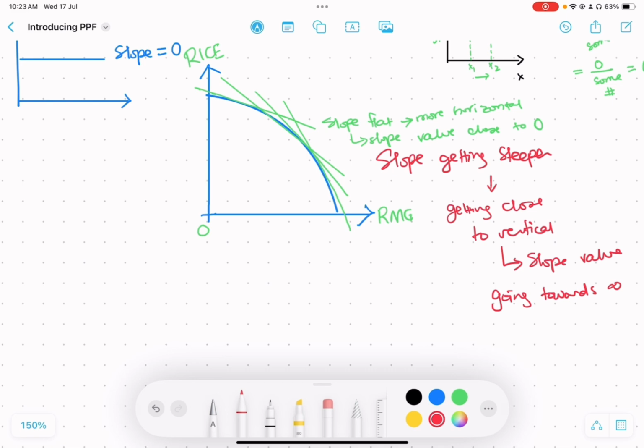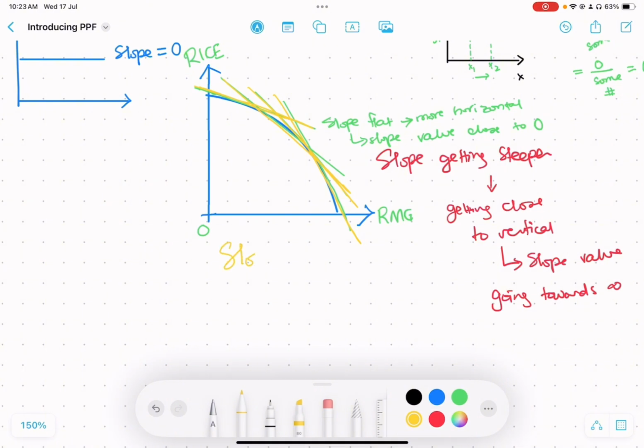So what we are actually seeing is the slope is going from a low value, which is around 0. As it gets steeper and steeper and steeper, it's going towards infinity. So without using any economics in here, I'm just using the mathematical concept of slope.